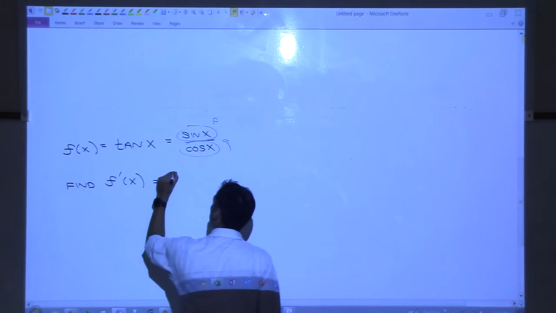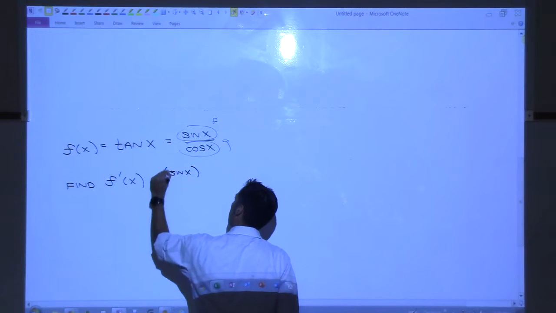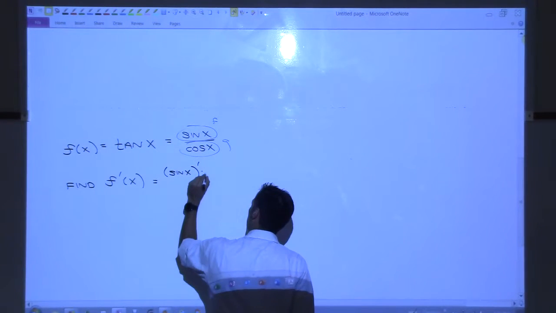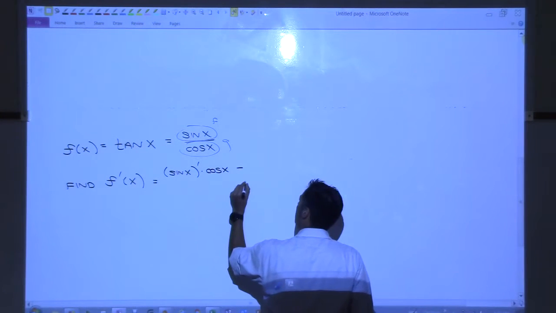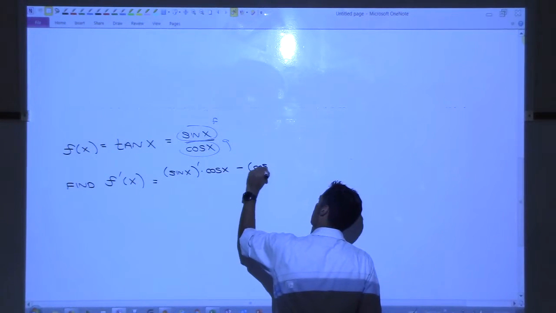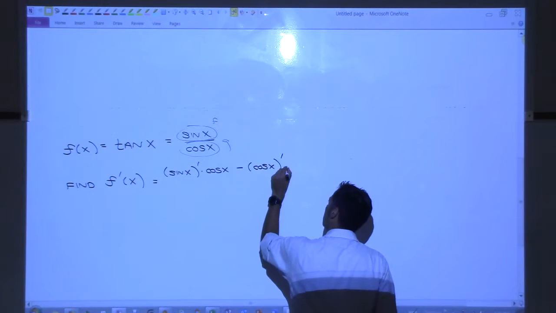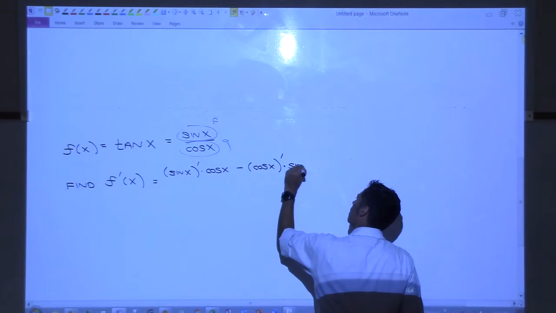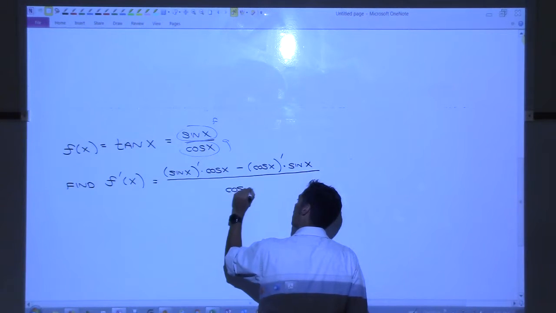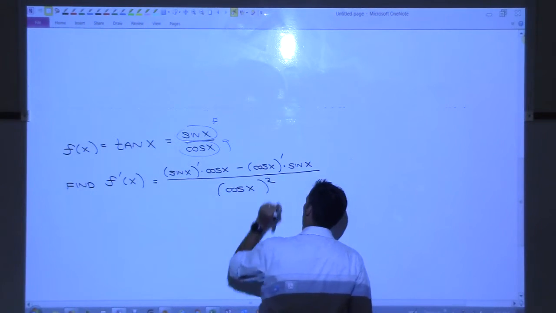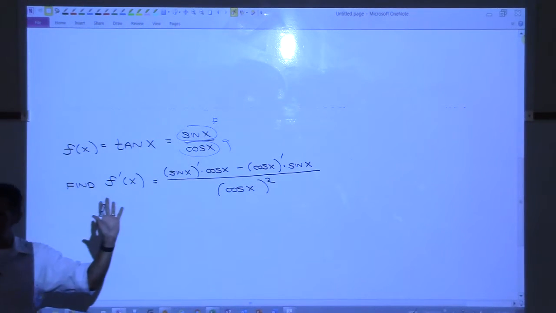Derivative of sine x multiplied by g, which is cosine x, minus derivative of cosine x times sine x, all over cosine of x squared. Yes? Perfect.